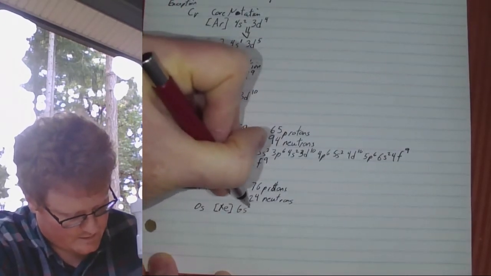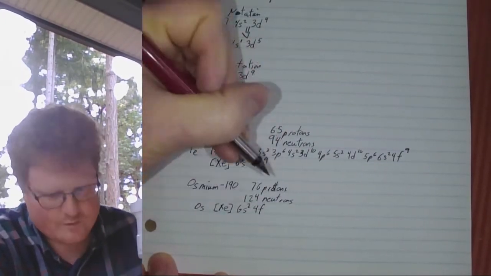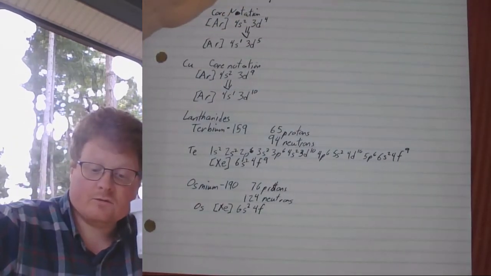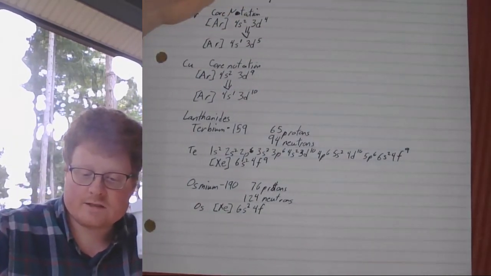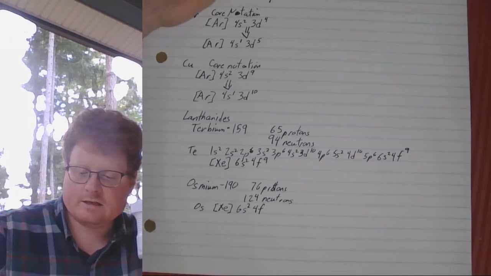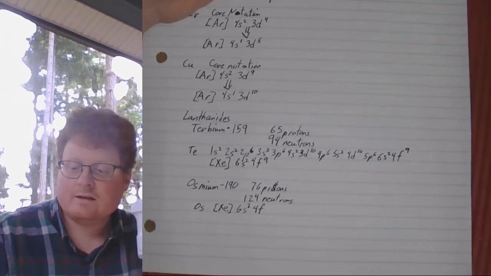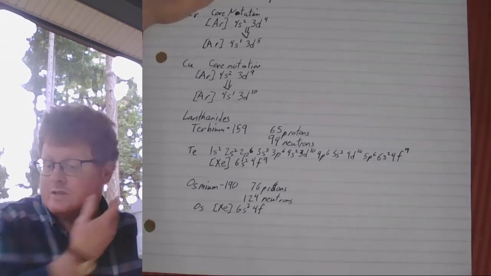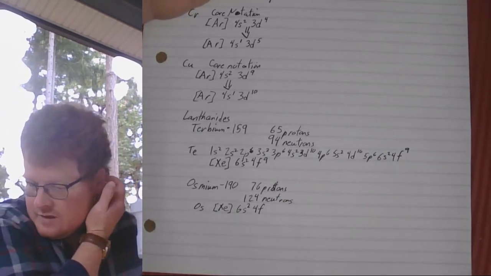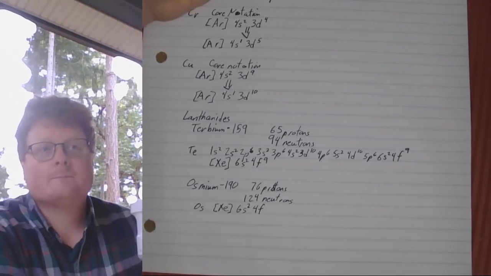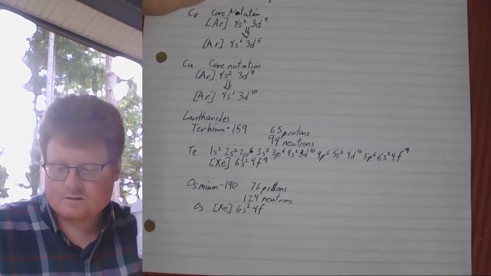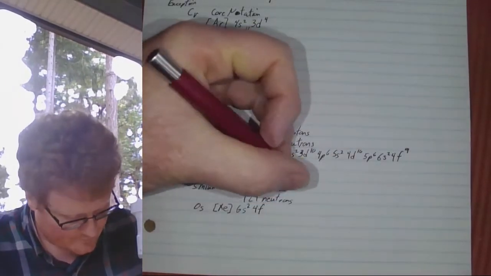I'm just going to start with the core notation of xenon. 6s2, 4f. Again, starting at lanthanum, counting over 1, 2, 3, 4, 5, 6, 7, 8, 9, 10, 11, 12, 13, 14. So 14 is that. Then we start number 71, lutetium, which is then one more. So that starts the 5d.